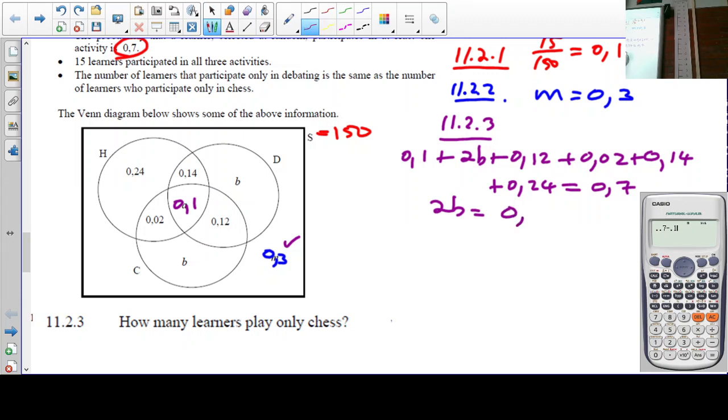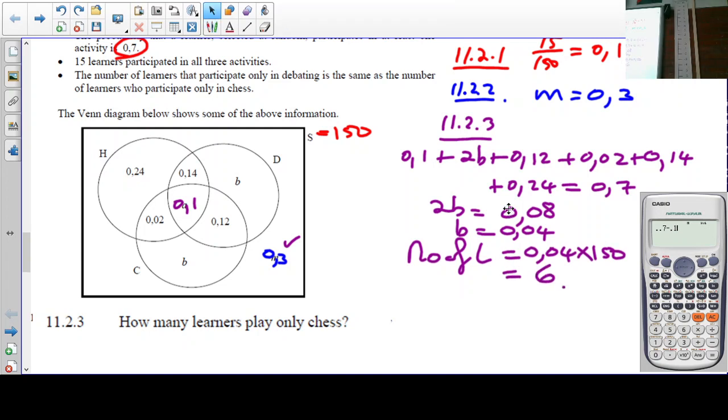That's going to be 0.08 divided by 2, 0.04. But have you answered the question? No. The question is, how many learners play only chess? So the number of learners that play chess only is 0.04 times 150. That gives an answer of 6 learners. Make sense? Okay.